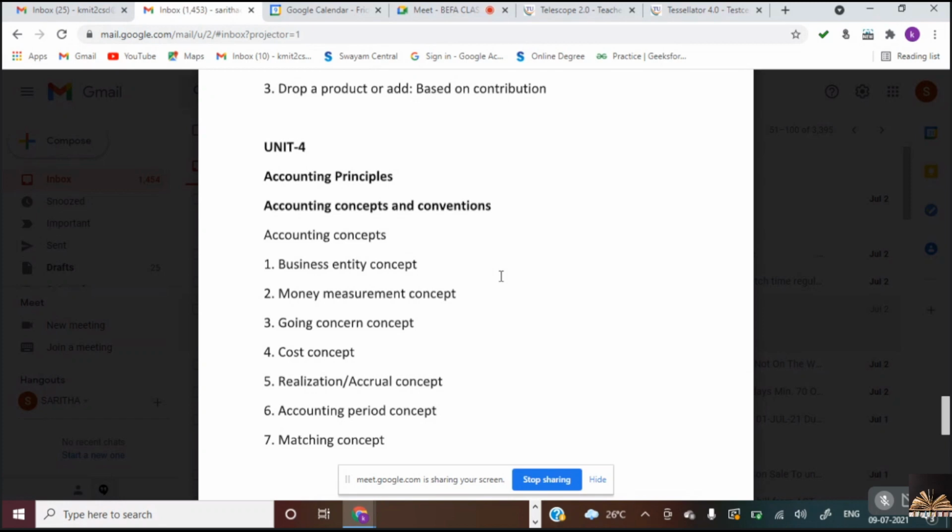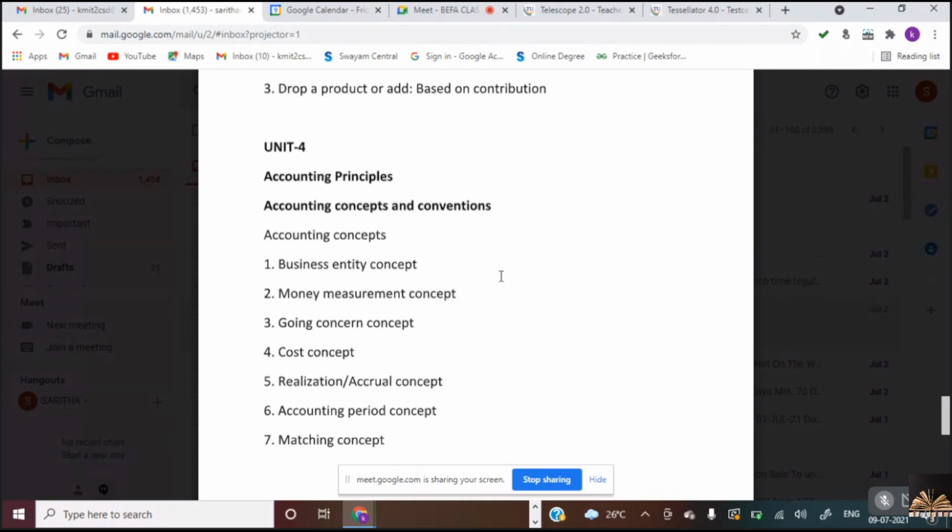For example, if a travel company owns 10 cars, 5 buses, and 6 SUVs, it will not mention the same in the balance sheet on the asset side. But what it does is convert the value of the 10 cars, the 6 SUVs, and the 5 buses into money, and value them in terms of money.